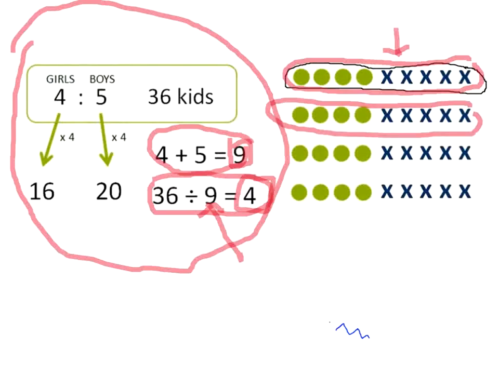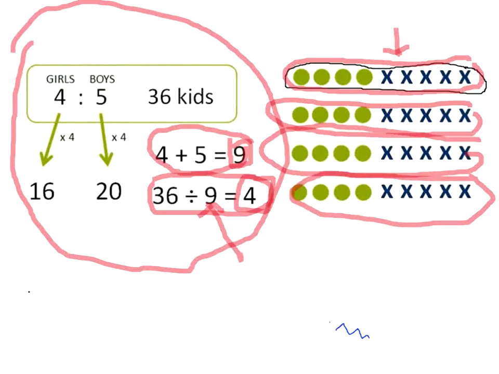Yeah, exactly. There would be 4 of these rows. So you've got 9 kids in a group, and when you divide 36 by that, the 4 is the number of groups. This 4 is the number of groups altogether.